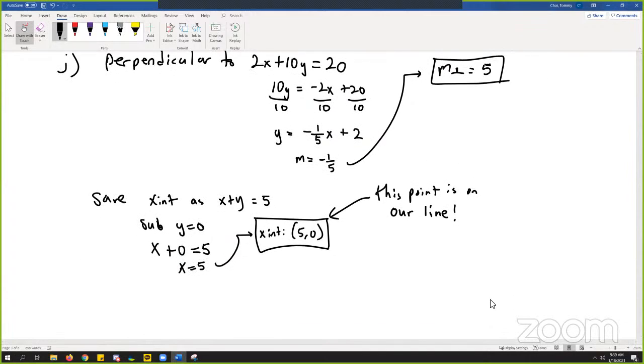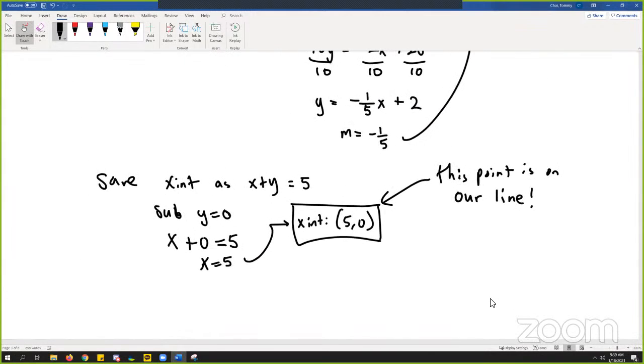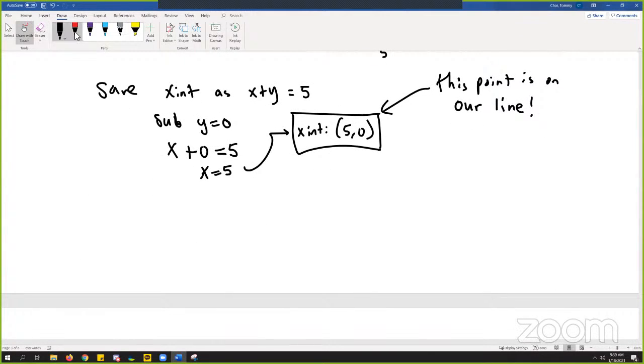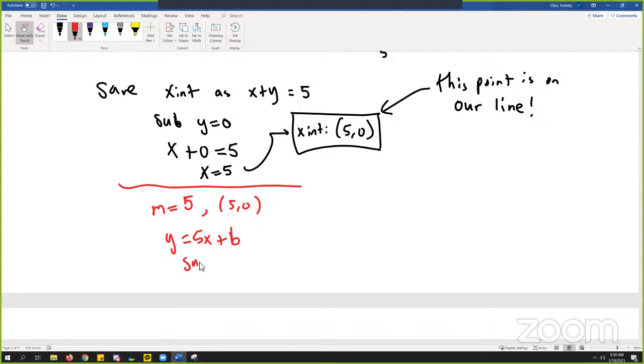So once we have that point is on our line, we can go to our final step. So once again, slope is equal to 5, and the point is 5, 0. So we can plug that in. So y equals 5x plus b is what we have so far. And we're going to sub in 5, 0.